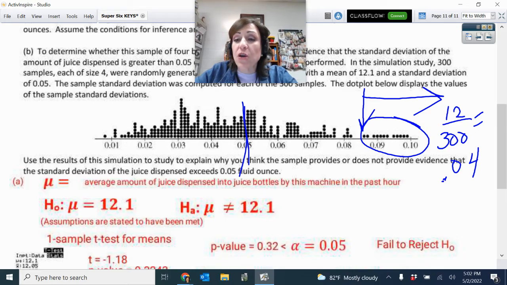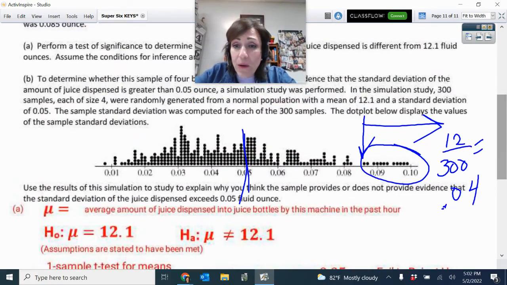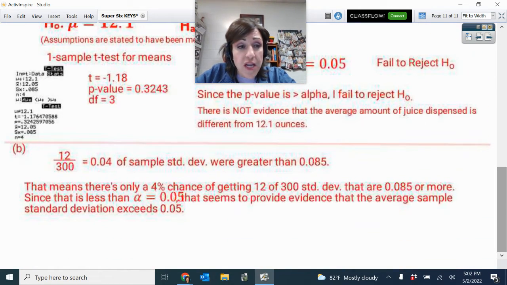Okay? So therefore, what do you think about that? We got one of these guys. We got a 0.085. And that is not very likely to have happened. Less than alpha.